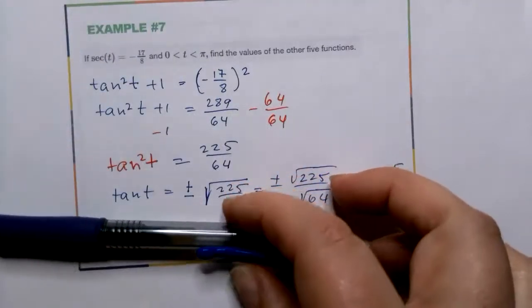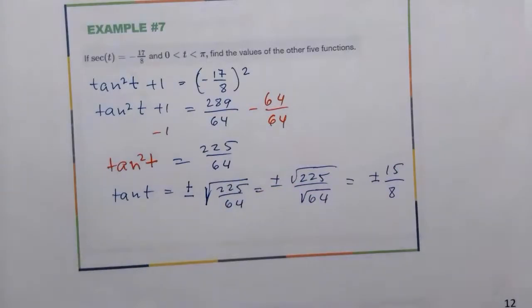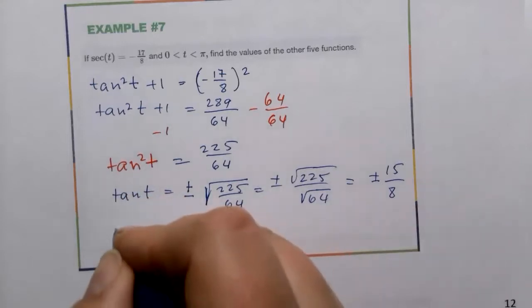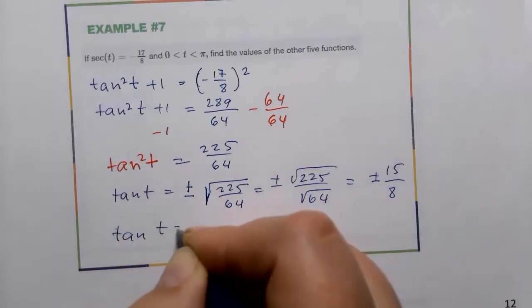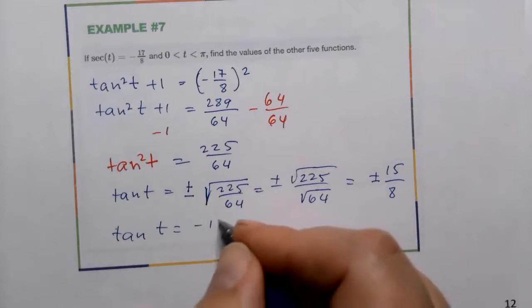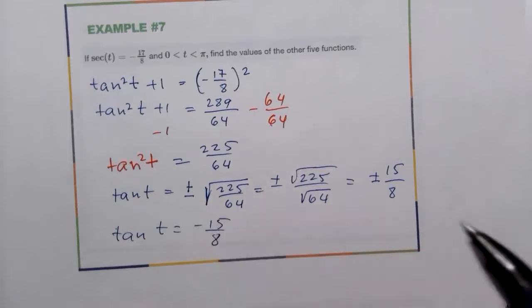And what's the value of tangent in the second quadrant? I hope you're saying that it is negative. So I go with tangent of t equals negative 15 over 8.